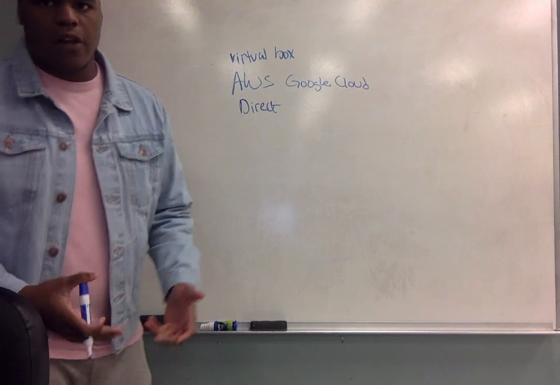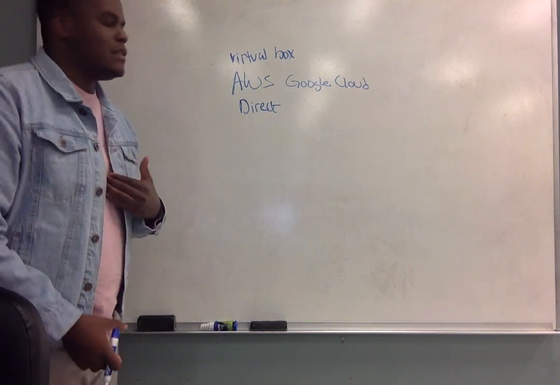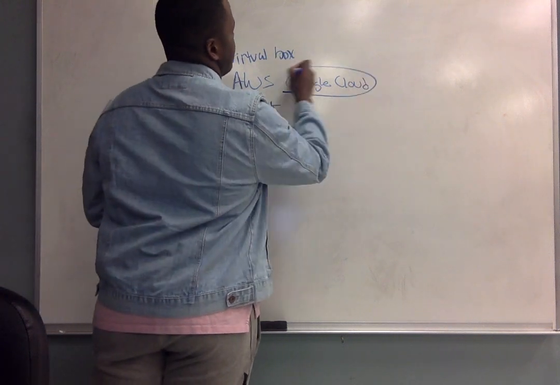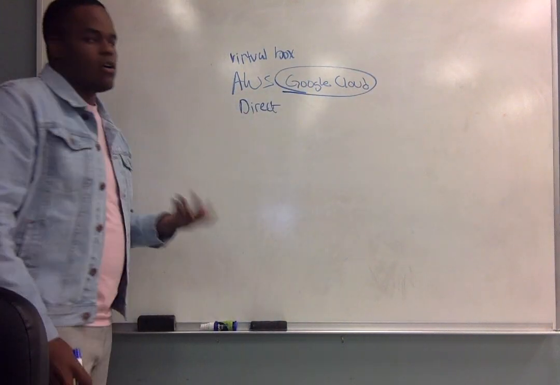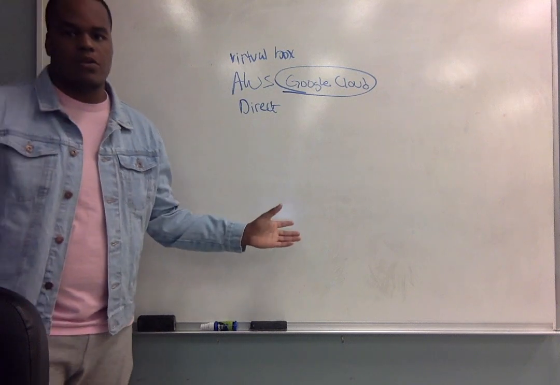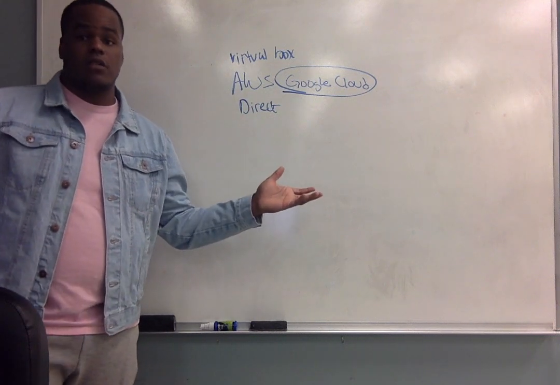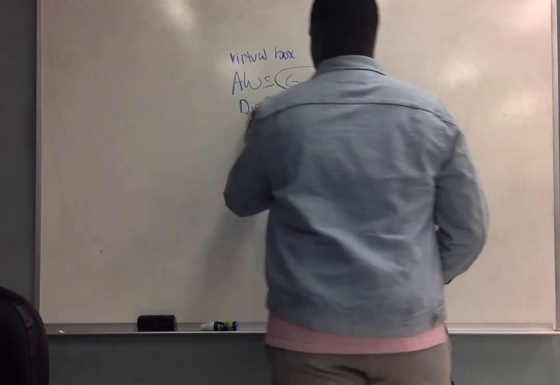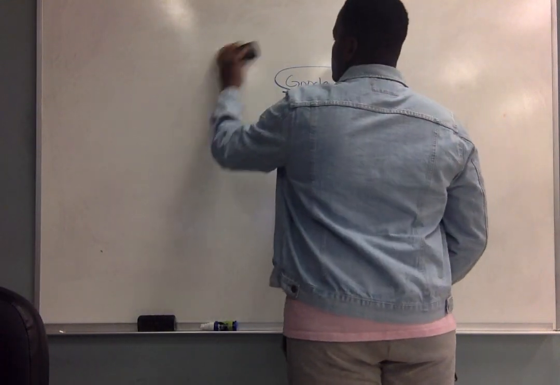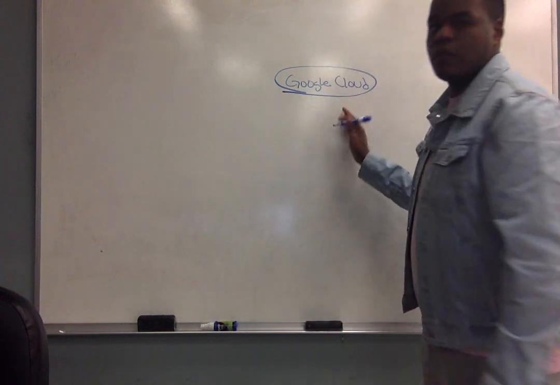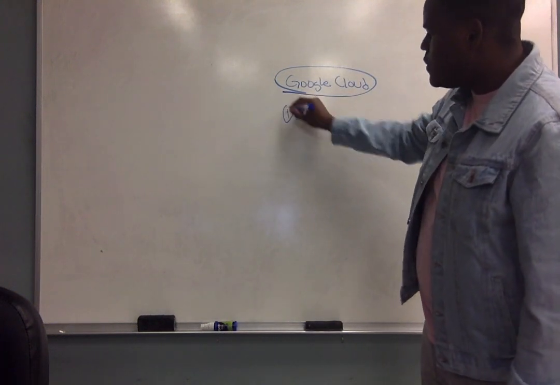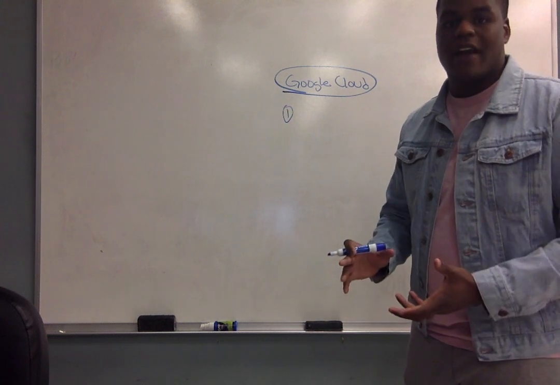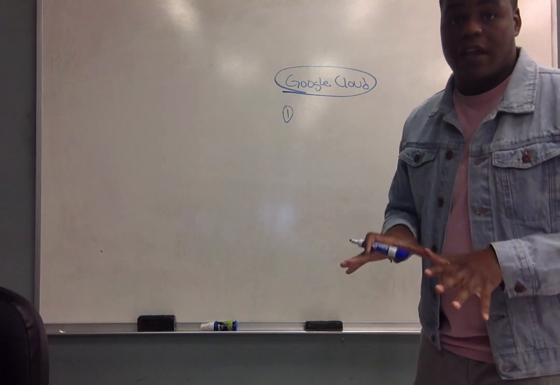But what we'll be doing, and I find the easiest way to do it and to learn as well, is to do it in a cloud hosting platform like Google Cloud or AWS. So we'll be using Google Cloud specifically for this, right? So we'll be getting onto Google Cloud, and then we'll make a new computer and install Linux on it.